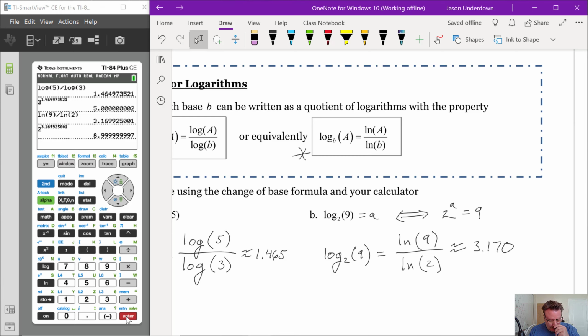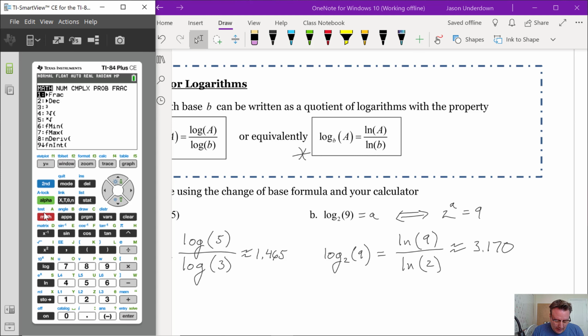By the way, if you have a TI-83 or TI-84 calculator, you don't even really need to remember, though you should remember this change of base formula, but these calculators, if you go to math, and let's see, I think if you go up one, oh, there it is. Choice A, log base.